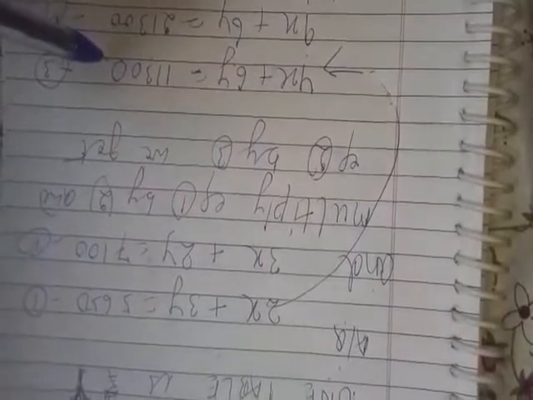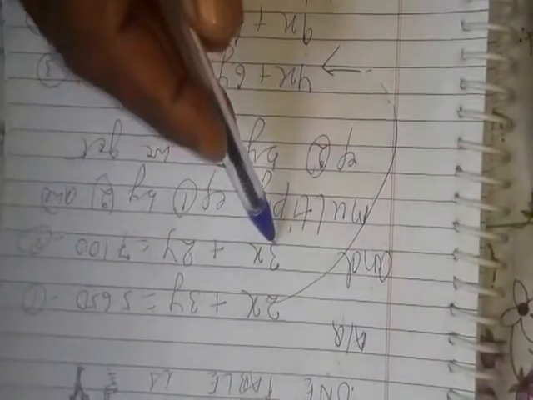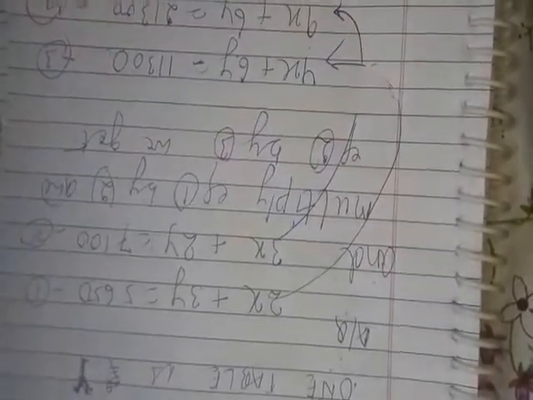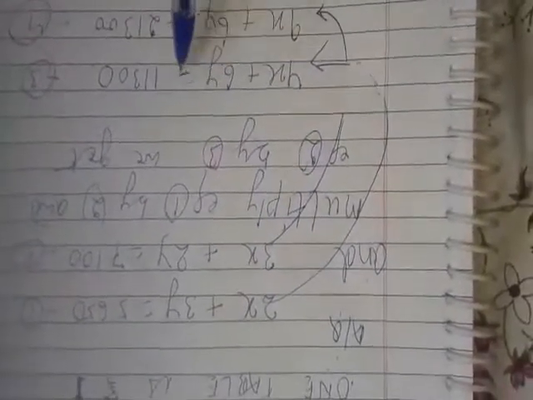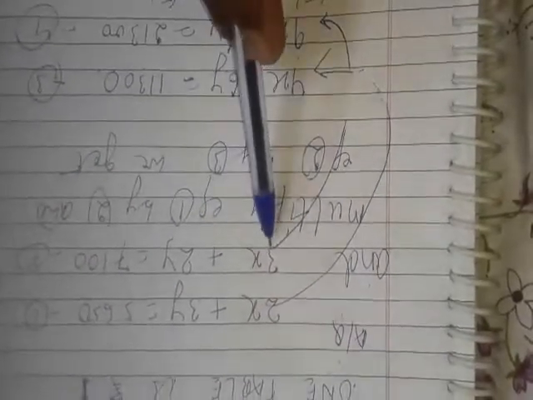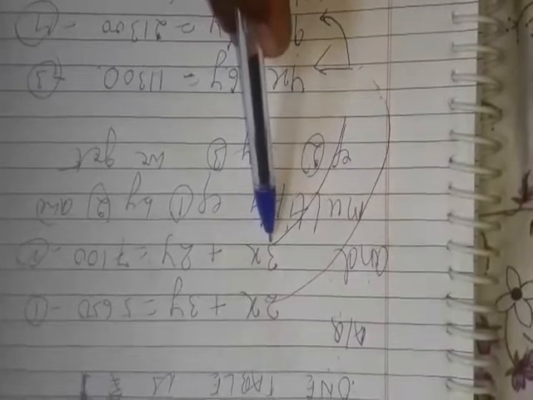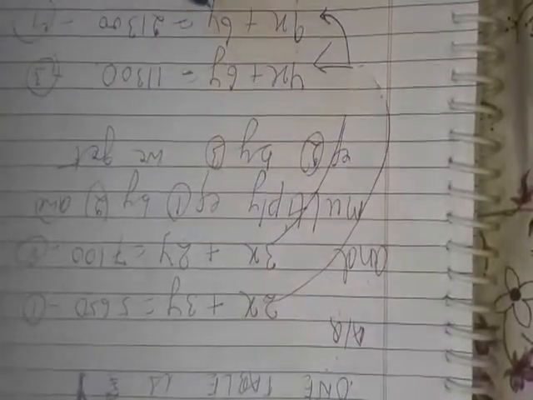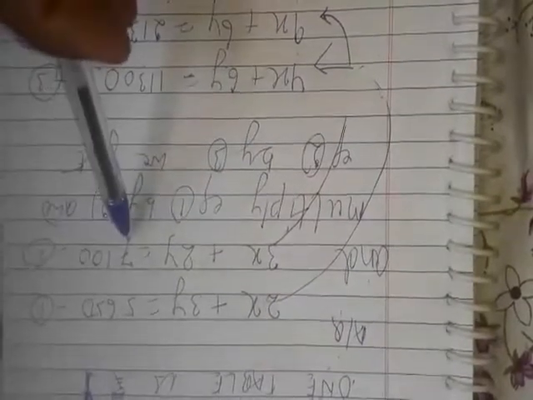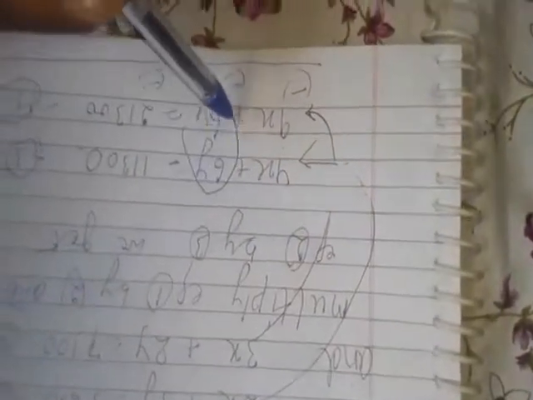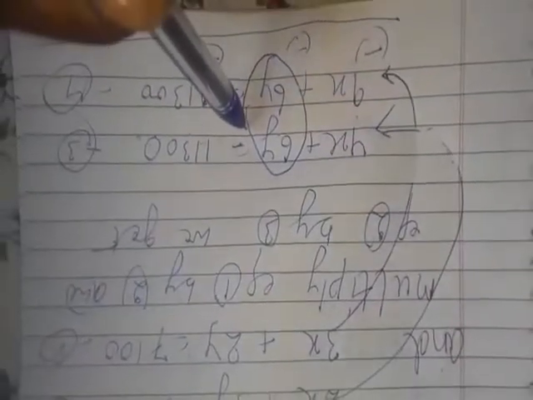Similarly, we will multiply equation number 2 by 3 to get a new equation. It is equation number 4. When we multiply equation number 2 by 3, we get 3 threes are 9x, 2 threes are 6y, and 7,100 threes are 21,300.